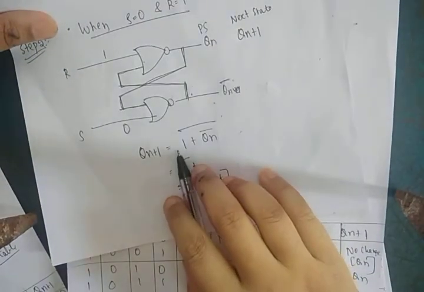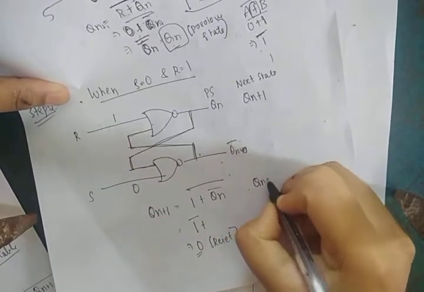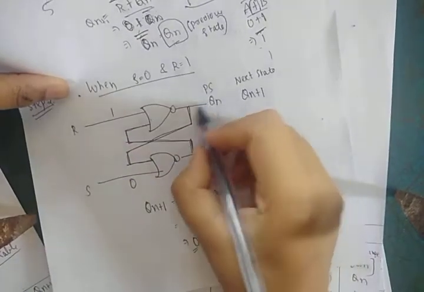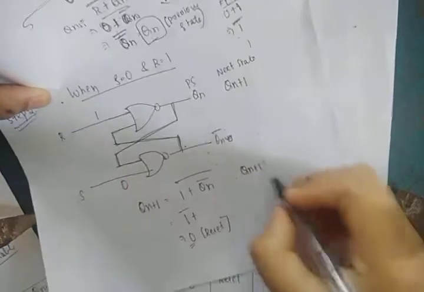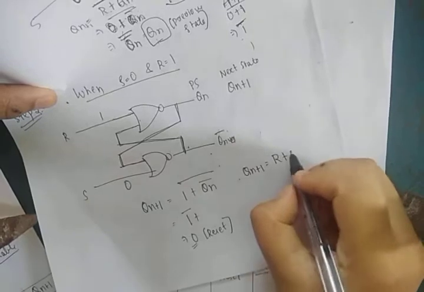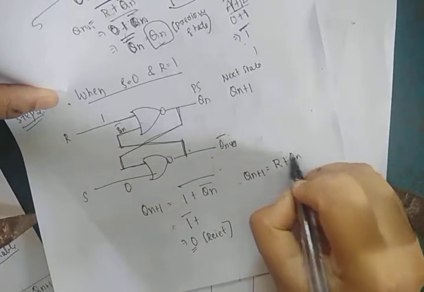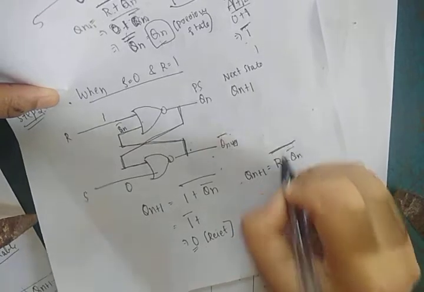Qn plus 1 is equal to R plus, I'll solve it for you. What is this Qn plus 1? R plus, from here I'll be getting Qn bar, right? So R plus Qn bar, the whole bar, because it is a NOR gate.